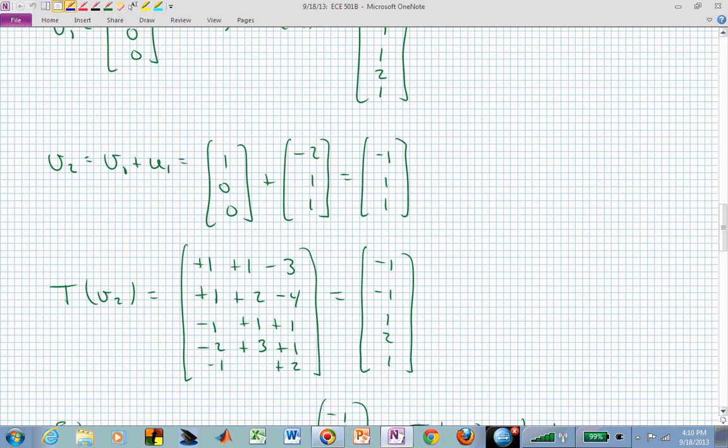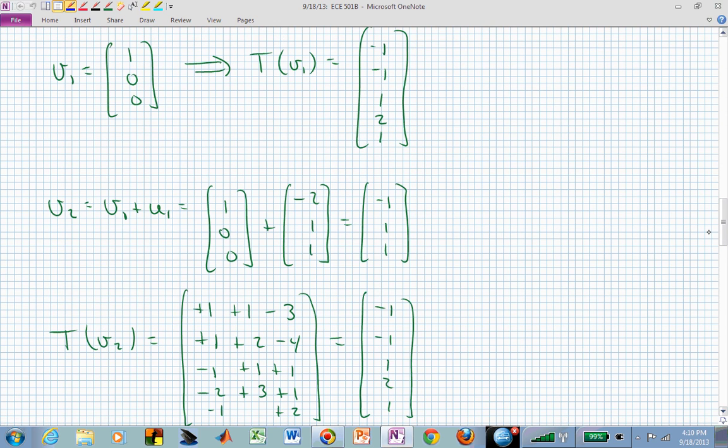Then we add in the z's. That was just how the map was defined, and we end up with this location in our 5-dimensional space. And that should look very similar. That's exactly where v1 was mapped through that same linear transformation.